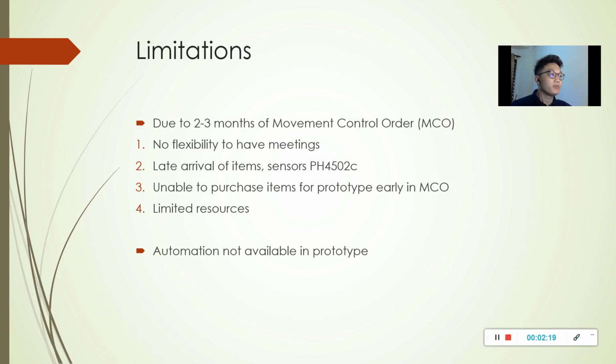The other reason for the MCO is that we were unable to purchase items for a prototype. I feel that earlier on in the MCO we did have a chance, but we did not expect the MCO to happen, so we did not prepare earlier and get the prototype. But through this we were able to gather resources by asking who has certain items, like the project uses bottles and PVC pipes, and I found that this was lying around.